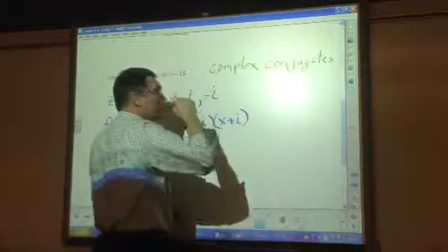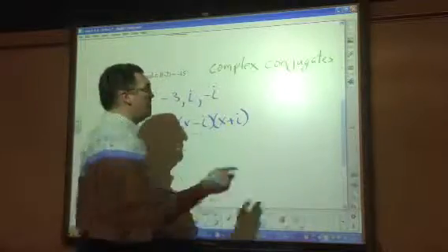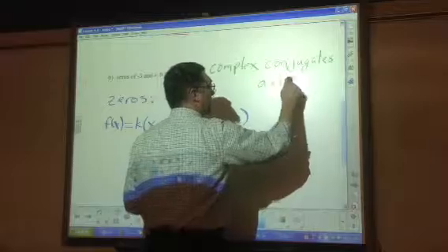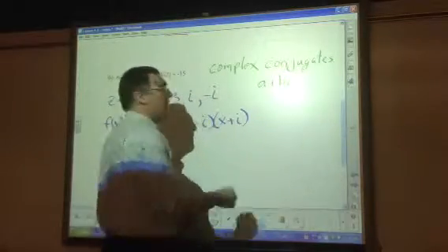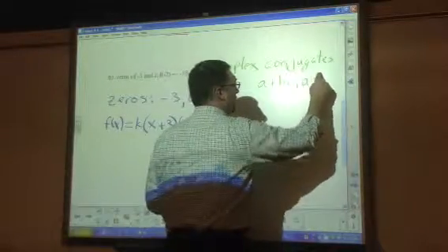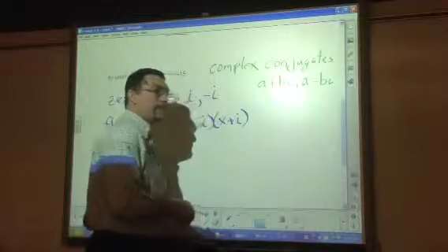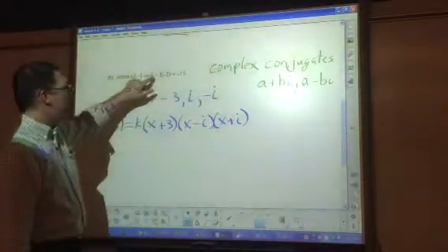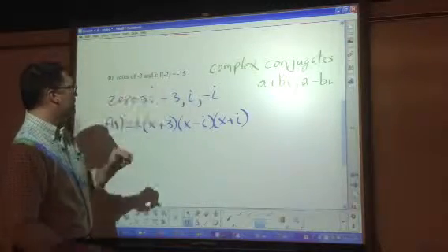That rule states that if you have a 0 that is a complex number like a plus bi, then you would also have a 0 at a minus bi, where the complex number is the opposite. So since I have i as a 0, then negative i is a 0 also.